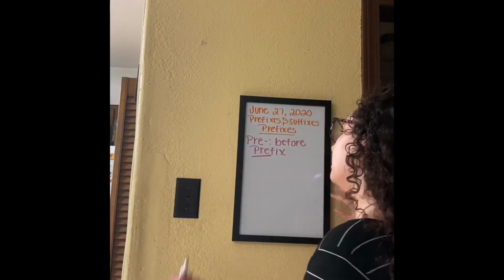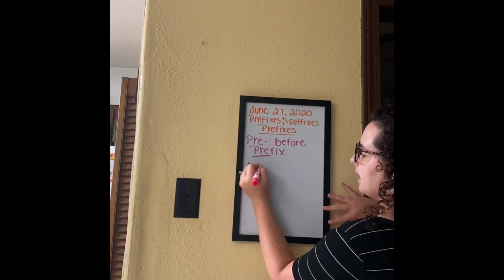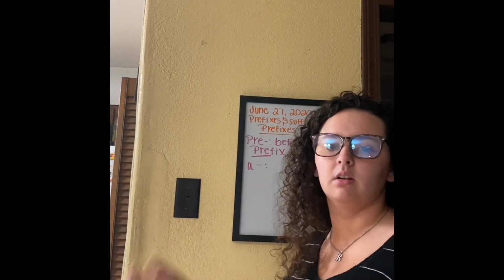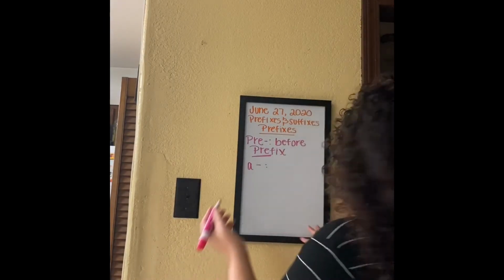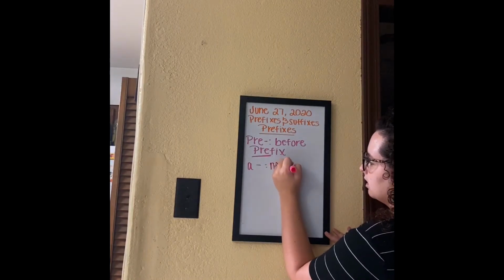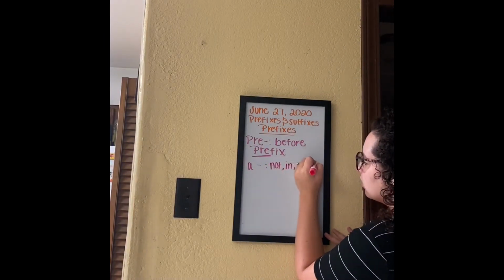So next one we're going to do is a. Just the letter A, alright? So you write down a. The definition for that means not, in, on, or without. So not, in, on, or without.